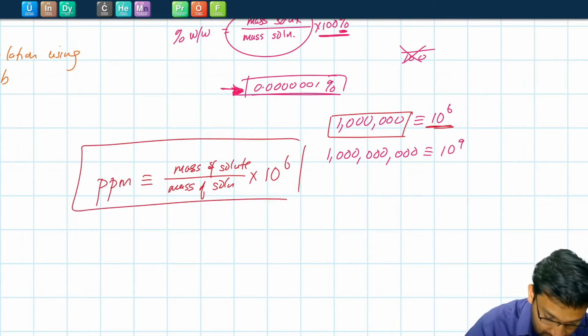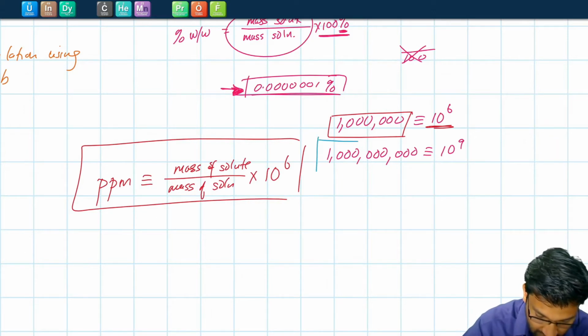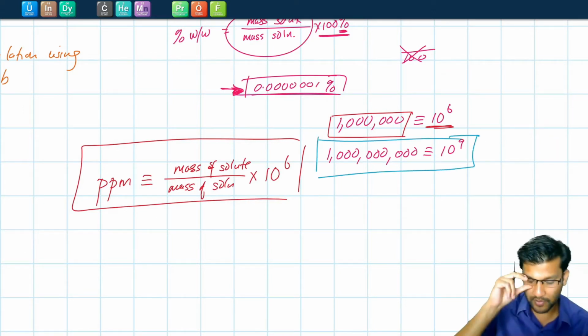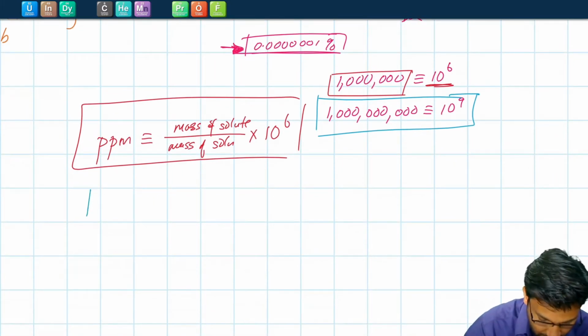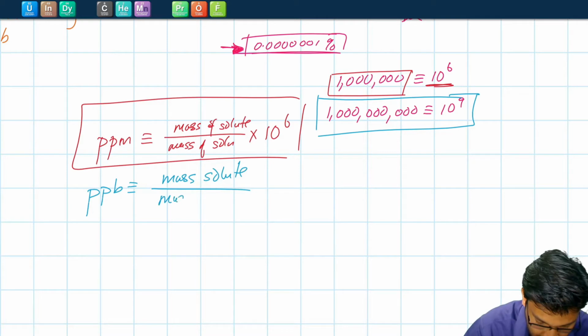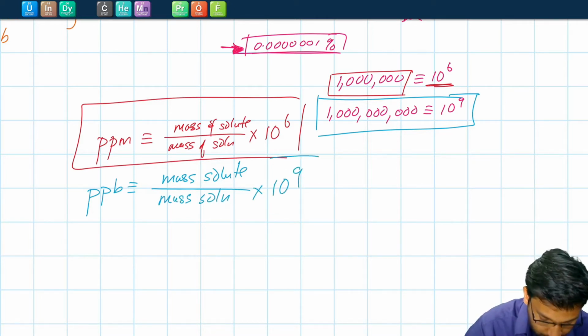And similarly, for the one where we describe our concentration over a billion parts, sorry, we call this parts per billion, which will be defined as the mass of solute over the mass of solution times 10 to the 9.